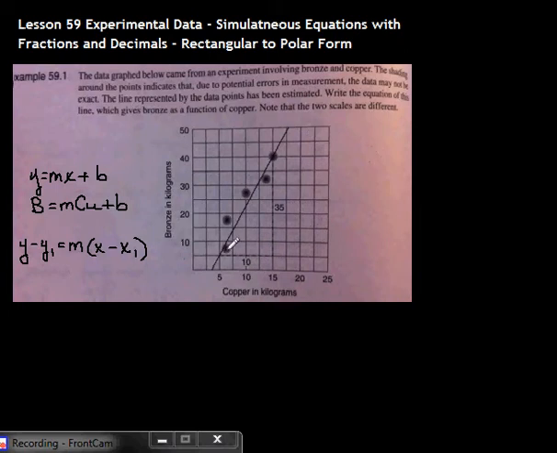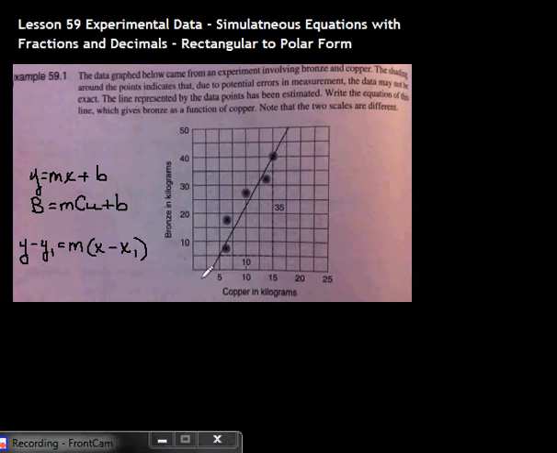So what happened is they did an experiment where they found that if there was approximately, let's say about 7 kilograms of copper, there were maybe 8 kilograms of bronze. So they plotted the points in one experiment, and then they wanted to find a line that approximated the data.